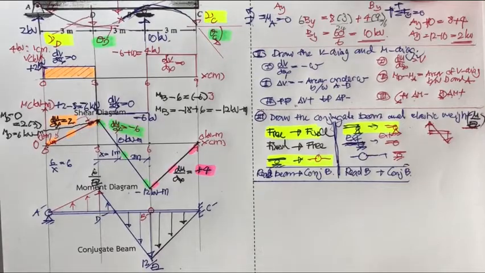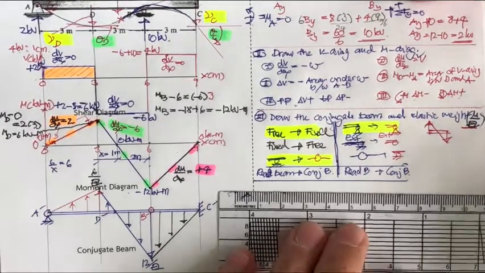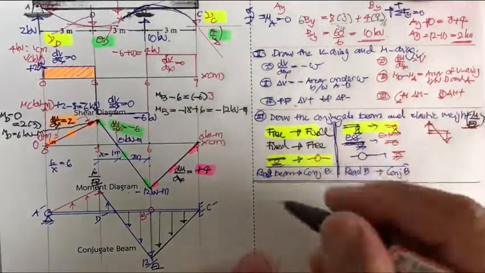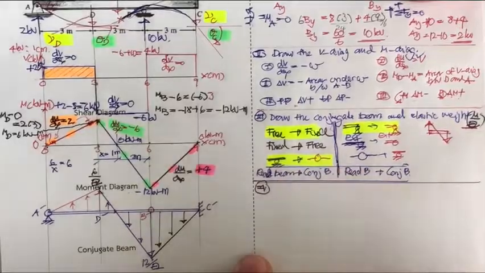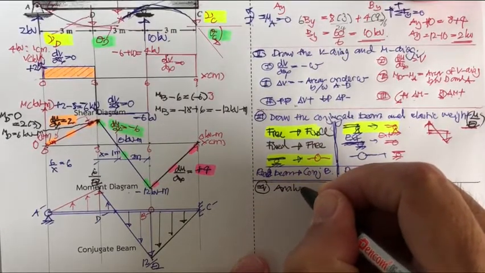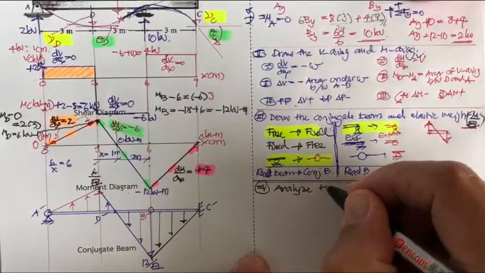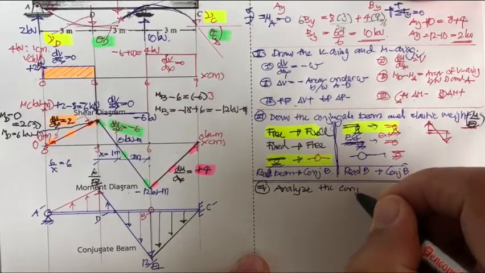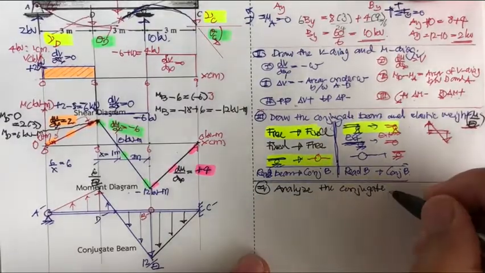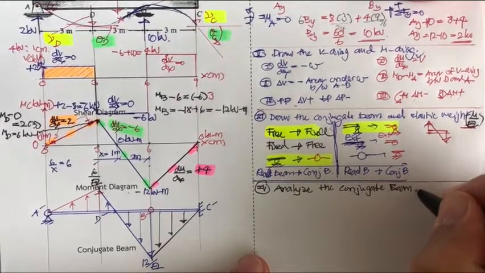And now we need to analyze the conjugate beam. So the next step, the fourth one, we analyze the conjugate beam. When you analyze the conjugate beam, there are two theorems that we mentioned before.